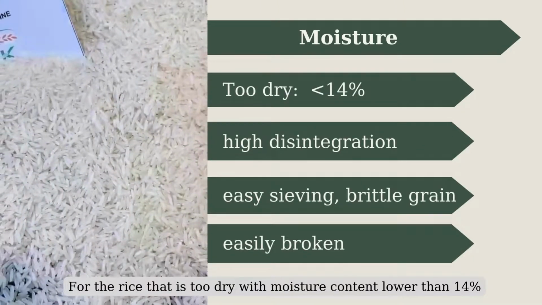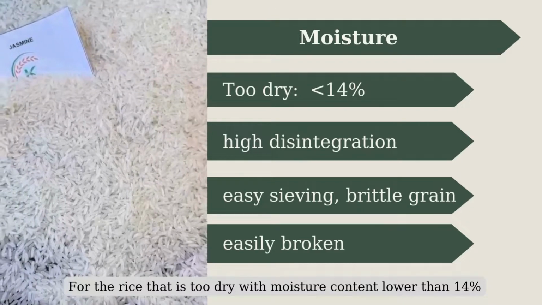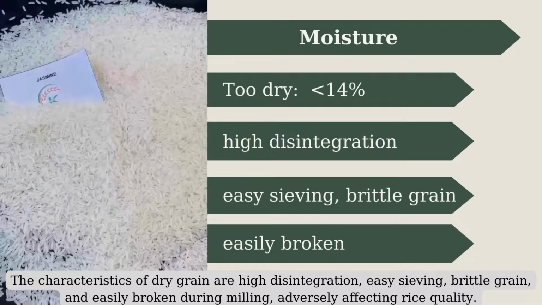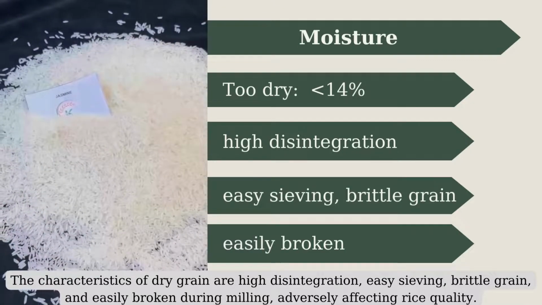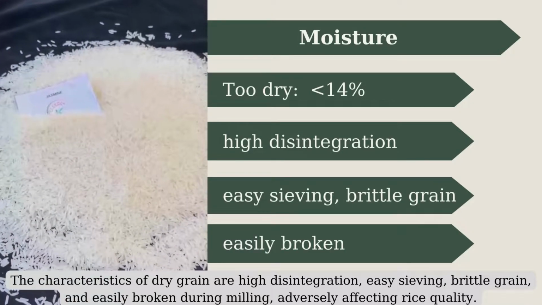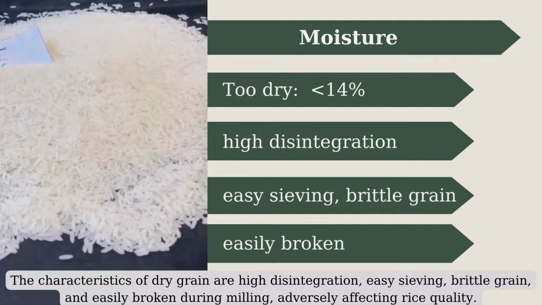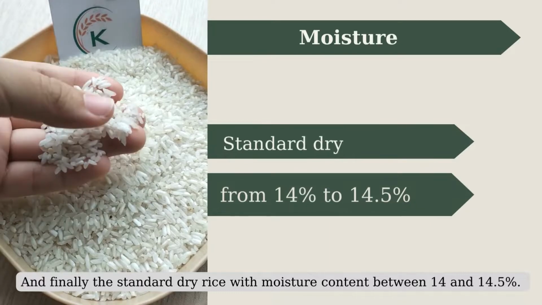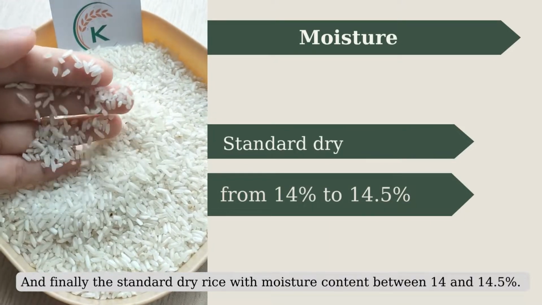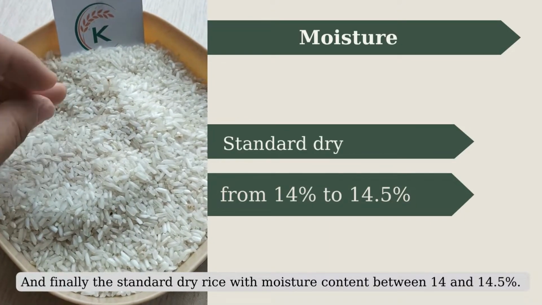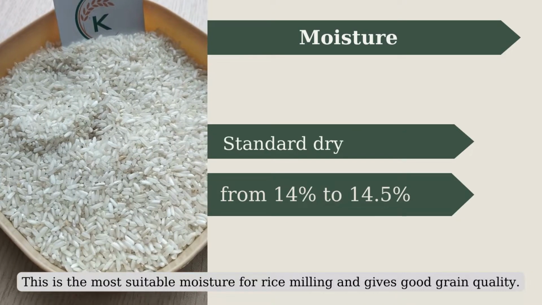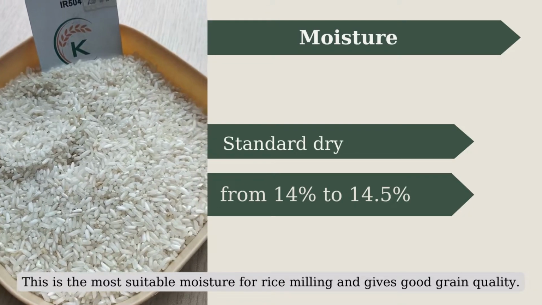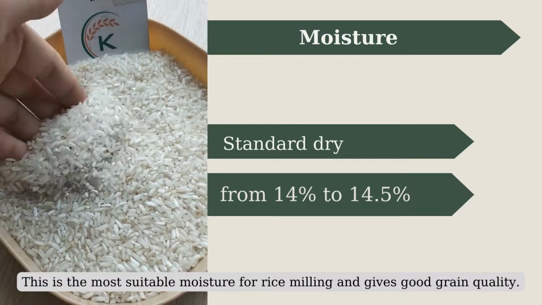For rice that is too dry, with moisture content lower than 14%, the characteristics of dry grain are high disintegration, easy sieving, brittle grain, and easily broken during milling, adversely affecting the rice quality. And finally, the standard dry rice with moisture content between 14 and 14.5%. This is the most suitable moisture for rice milling and gives good grain quality.